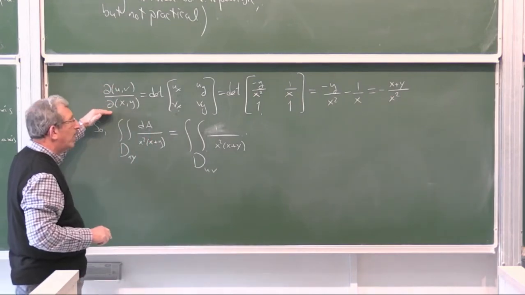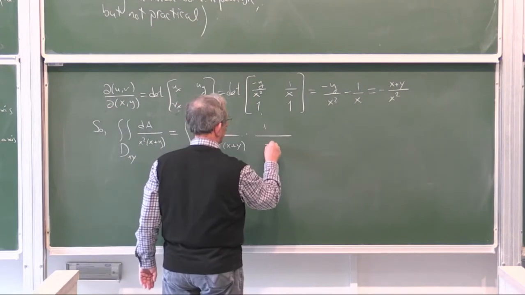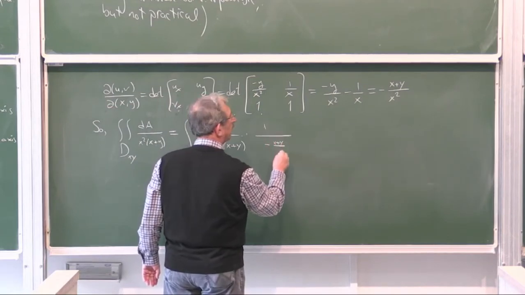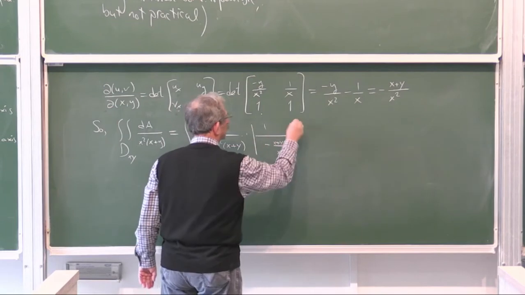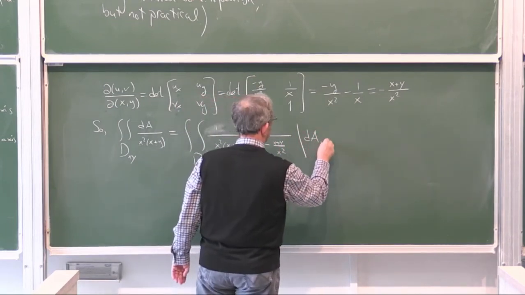So it is 1 over minus x plus y divided by x squared in absolute value, and then dA uv.